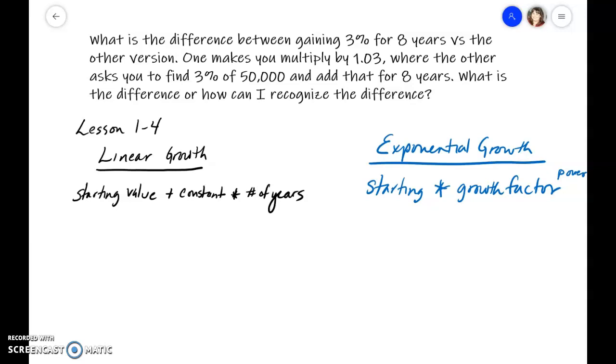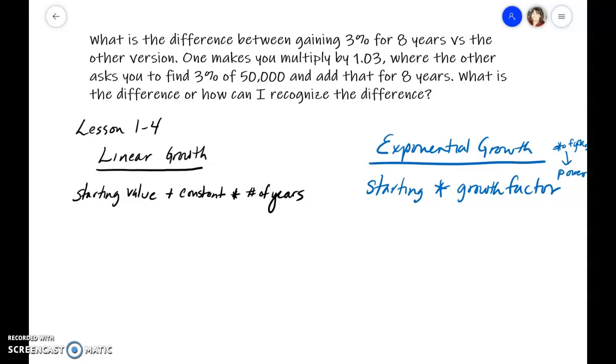So it's a growth factor raised to a power, and that power is typically the number of time periods, or number of years. So if you're gaining 3% for 8 years, or if you take 3% of 50,000 and add that for 8 years, those are two different problems.